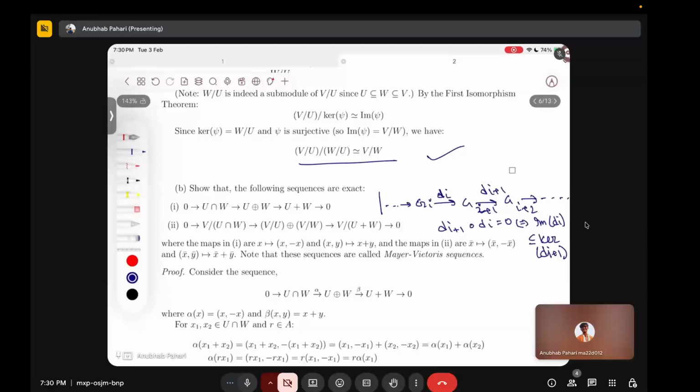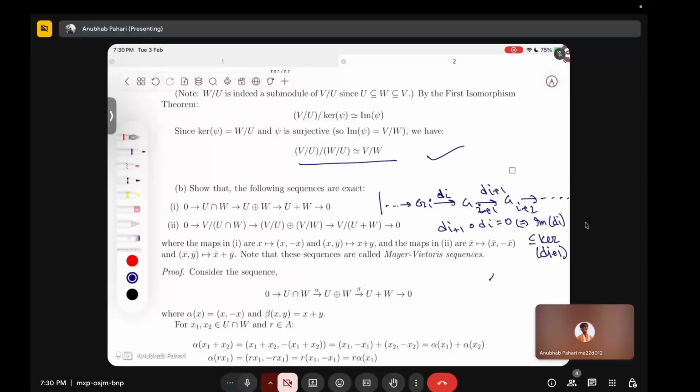So this composition is 0 equivalently if the image of d_i is contained in the kernel of d_{i+1}, right? You can just think about it later and let me know. So this complex is called an exact sequence if this containment is equality.